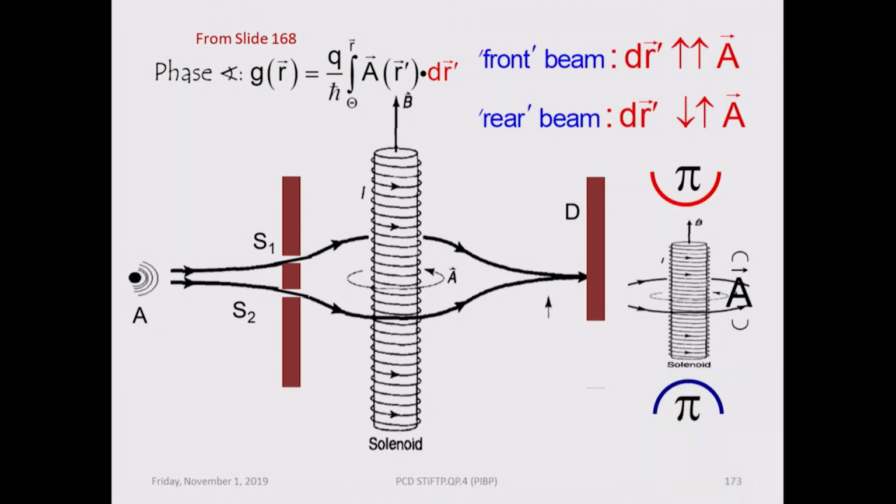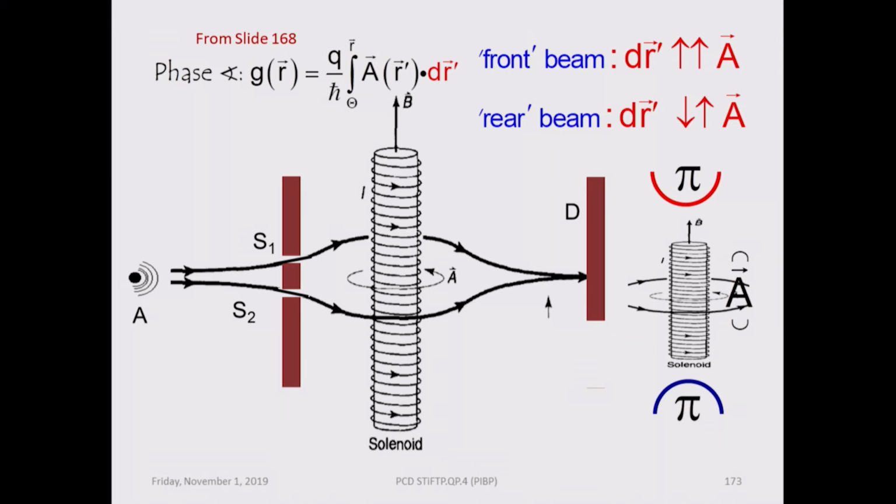Okay? So, there is a front beam, the beam which is on our side of the picture, and the other beam is behind the solenoid. So, what is on our side is going in the same direction as the vector potential, and on the opposite side it is going against the vector potential.